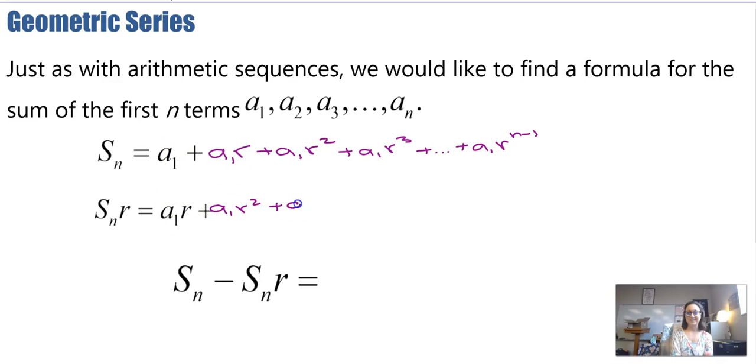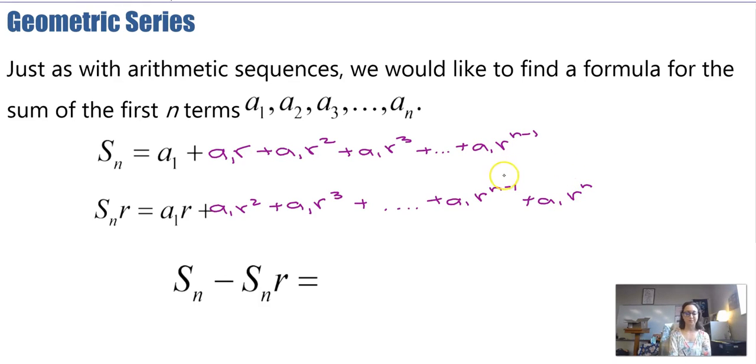If I multiply by r, a sub 1 times r cubed, and so on and so forth, a sub 1 times r to the fourth. And then my second to last term now would be a sub 1 times r to the n minus 1, and my last term would be this times r, which would now be a sub 1 times r to the n, because this term times r, I'd now have r to the n.